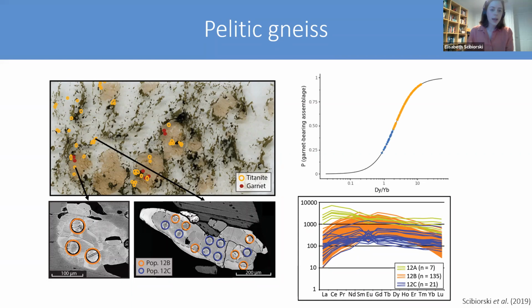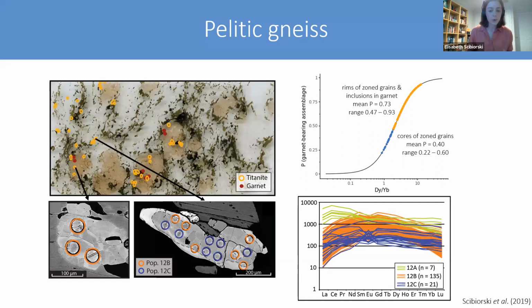If we apply our logistic regression to these data, we see that the cores of the zoned grains, the blue dots, typically have a low probability, between 0.25 and 0.5, of having crystallized in a garnet-bearing assemblage. But the probabilities are much higher for analyses of the rims of these grains.